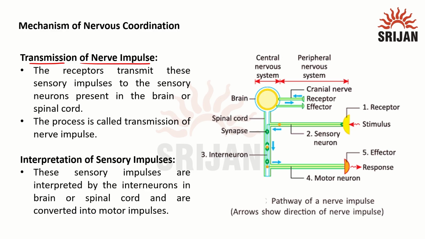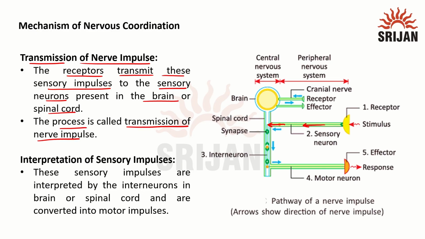The second step generated the impulse, the third step will transmit it. Generation without transmission will have no importance. The receptors transmit these sensory impulses to the sensory neuron, which carries them to the brain or spinal cord, the central nervous system. So the process is called transmission of nerve impulse.